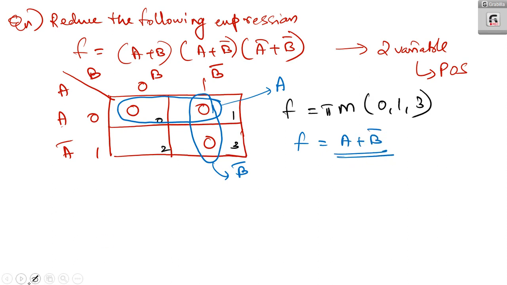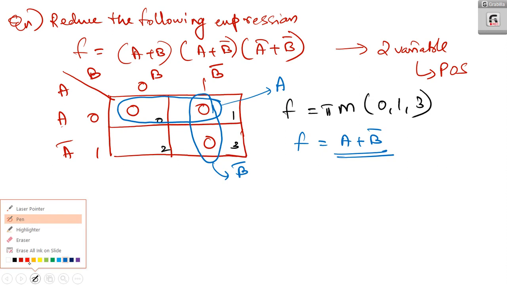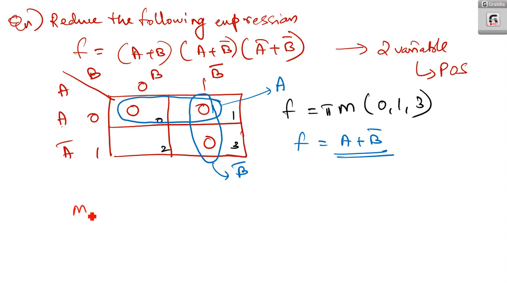Now, if you are going for the min term expression, F is equal to pi M 0, 1, 3. Therefore, the corresponding min term you can write as, since 0, 1 and 3 are reserved there, sigma m of 2.